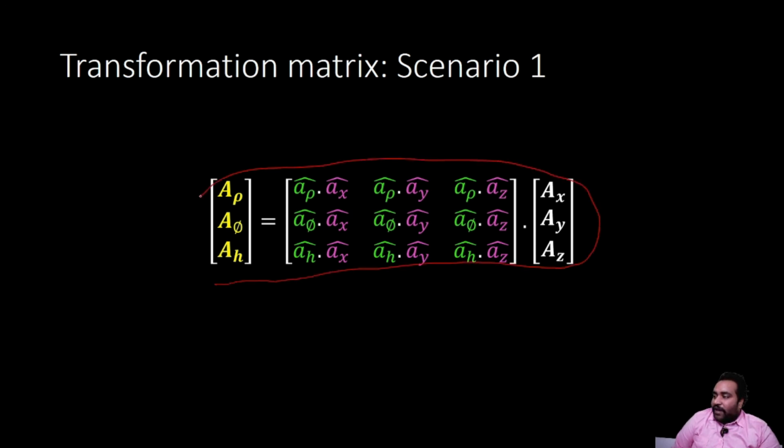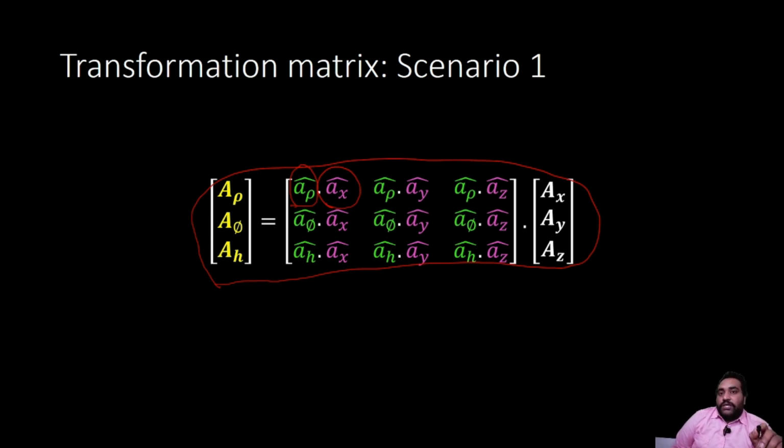Why I am saying that it is a generalized expression is, if you see, a rho cap is the vector along which the magnitude is unknown, and ax cap is the vector along which the magnitude is known.